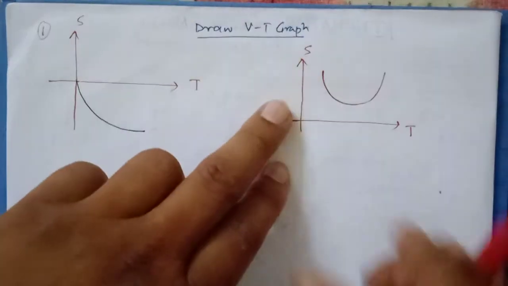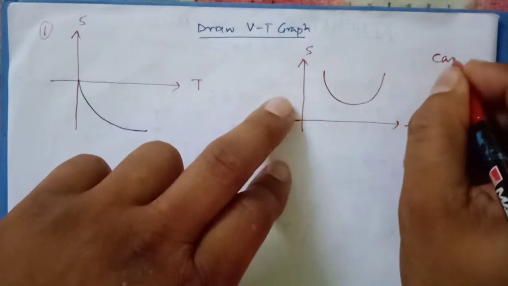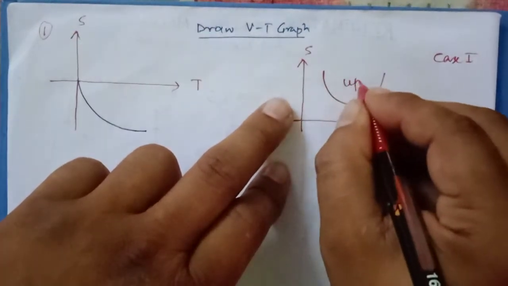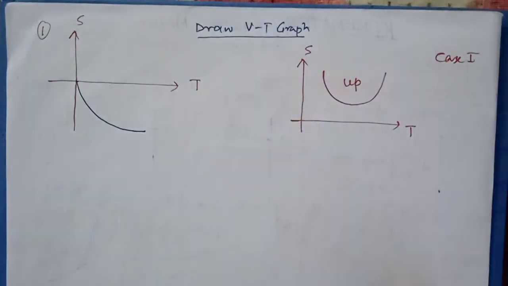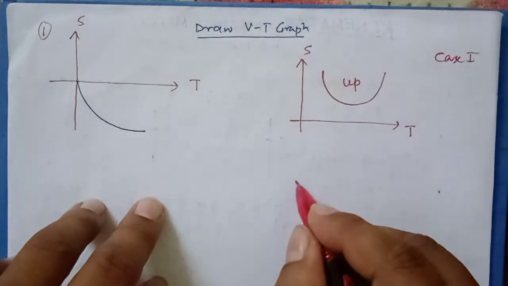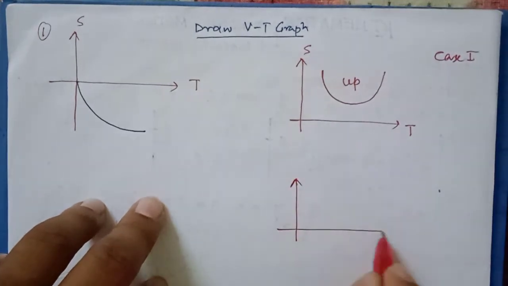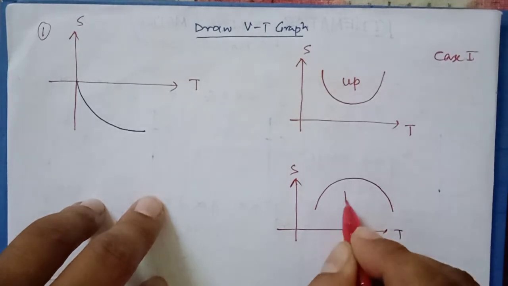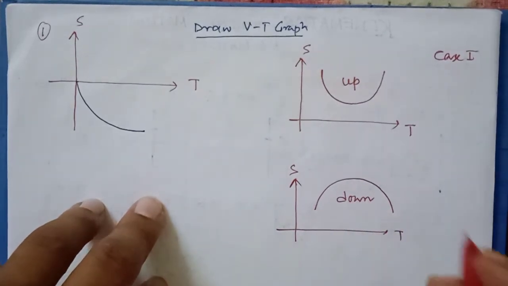Number one, case one. This is called concave up. And another case, ST graph concave down. This is case 2.